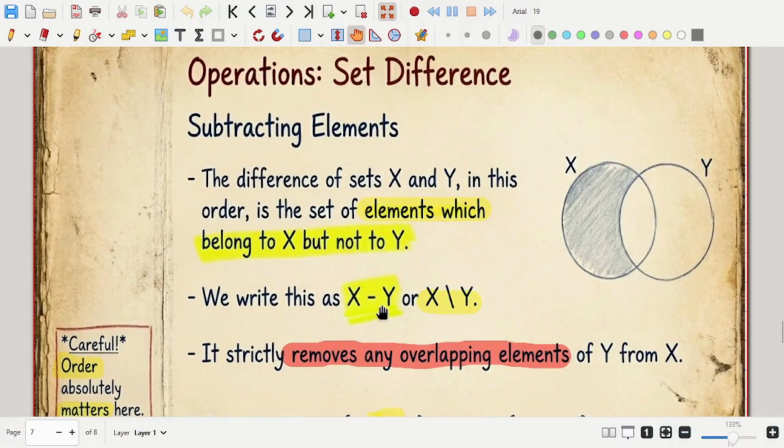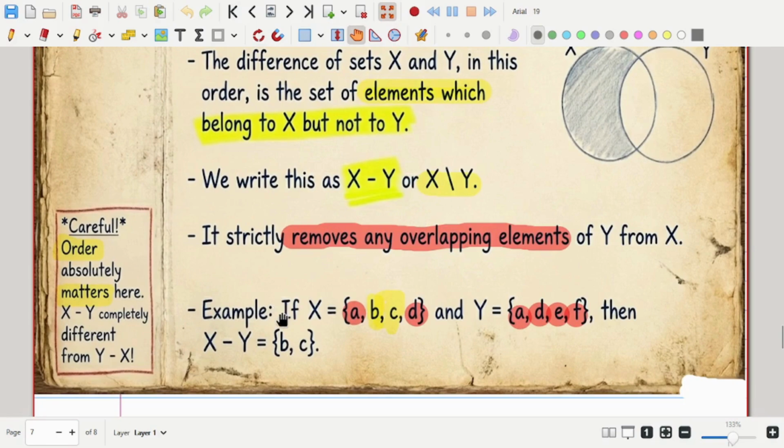We will remove the elements of Y. Minus Y means remove the elements of Y. For example, if X is a set of A, B, C, D and Y is a set of A, D, E, F, then X minus Y means remove the elements of Y. So A is common in both the sets, so we will remove the A.